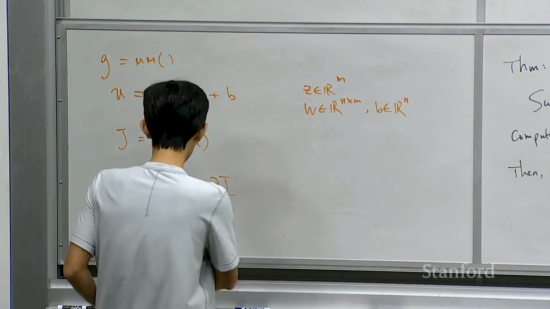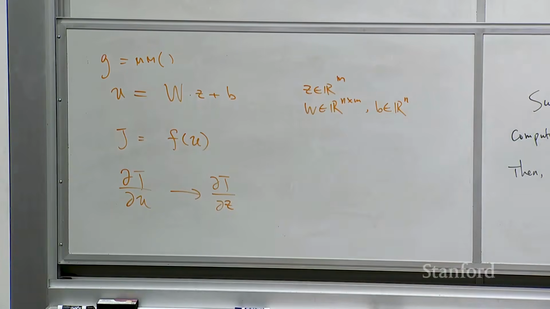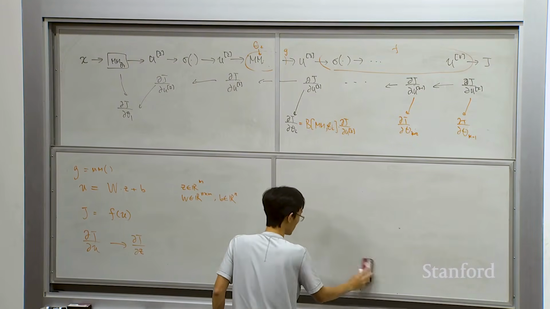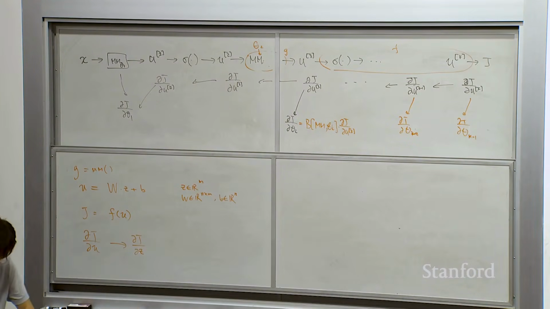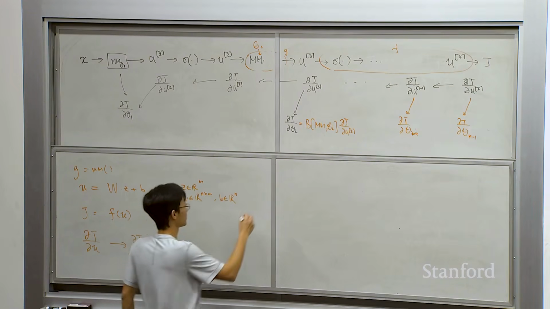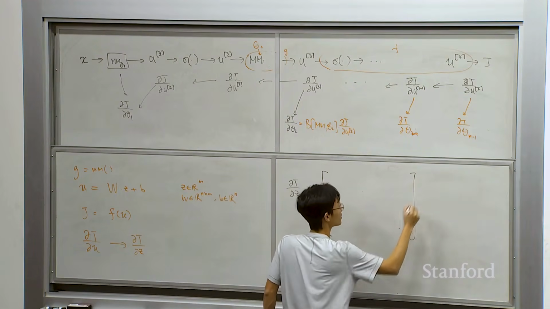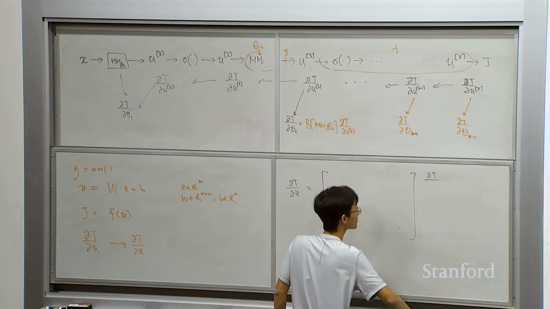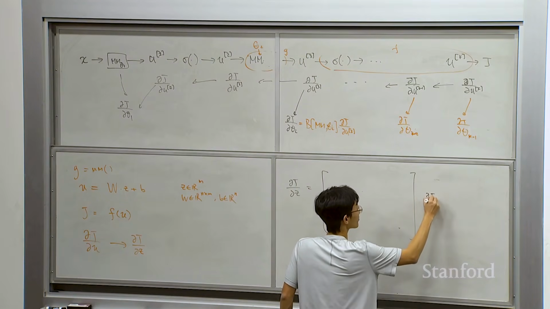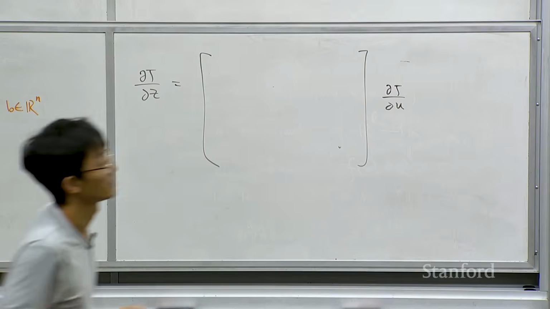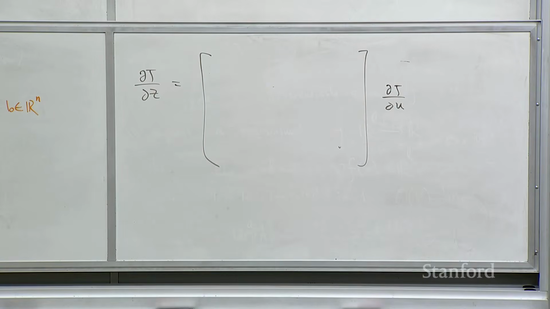And how do we do that? We just plug in the abstract definition, with the computation we had from the chain rule. So we know that dJ over dz is this matrix times dJ over du. And this matrix is this guy. So let's just plug in the values there.